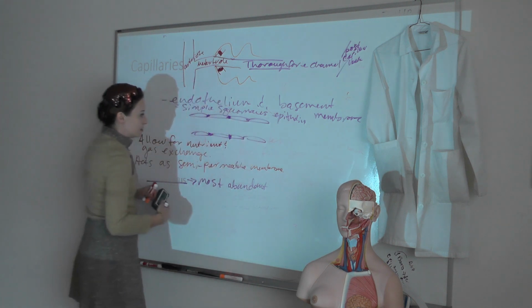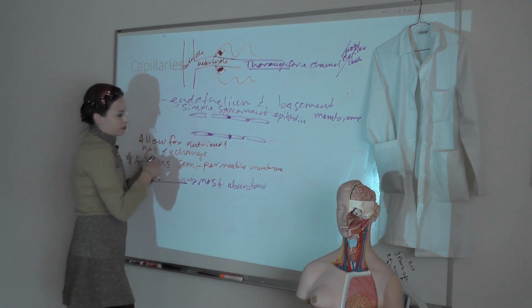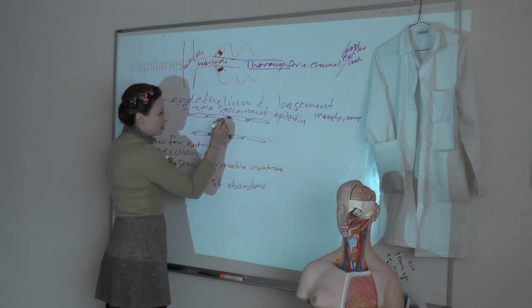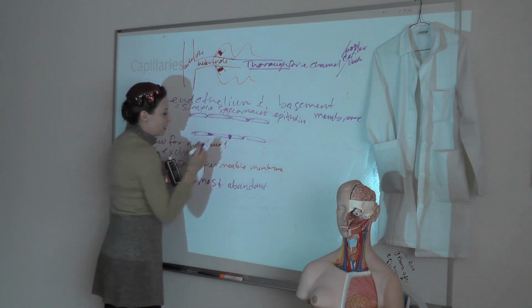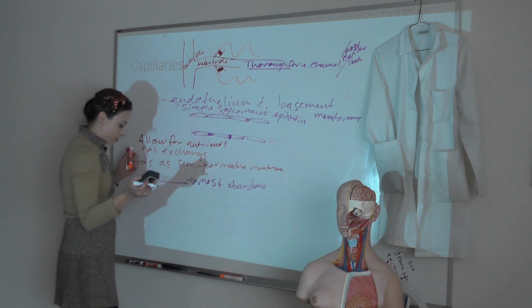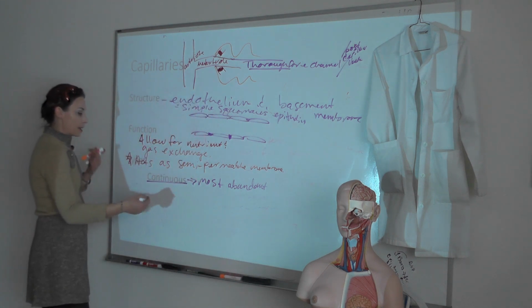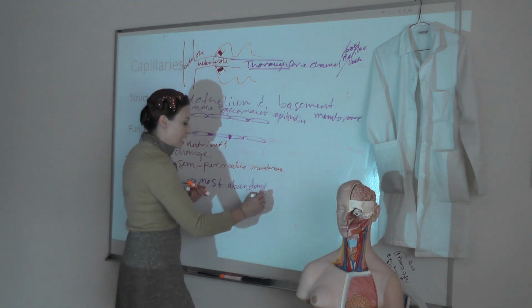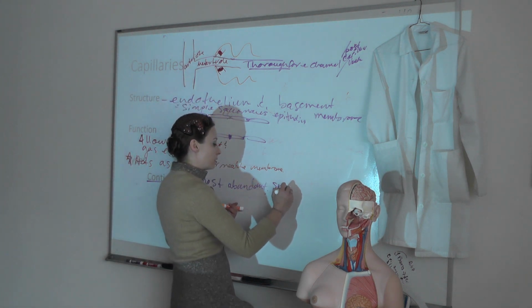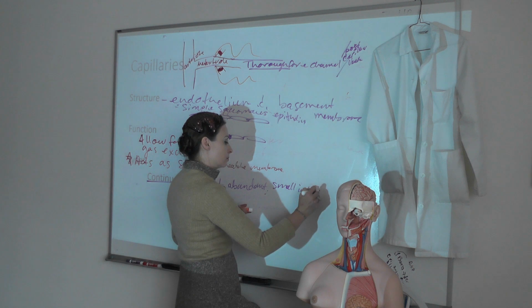In other places, the intercellular clefts are pretty small, but there's space between them, and you can find various types of cell junctions in different tissues. So continuous capillaries are the most abundant, with pretty small intercellular clefts.